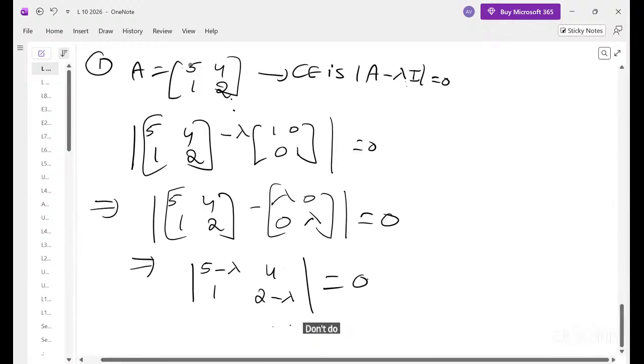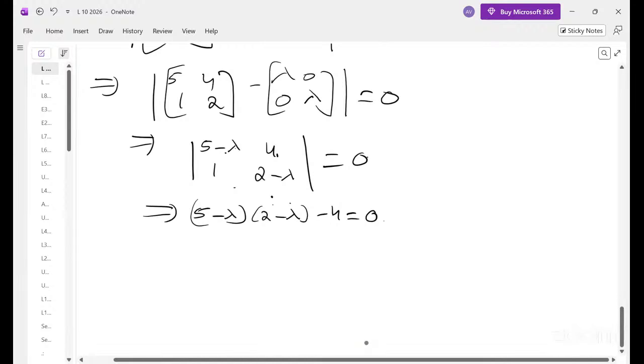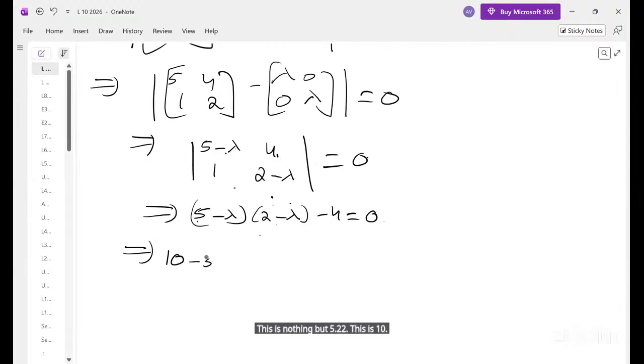Don't do all this. 5 minus lambda, 2 minus lambda, remaining 2 as they are. This is in the form AD minus BC. So (5 minus lambda)(2 minus lambda) minus 4 is 0. This is nothing but 5 into 2, which is 10, minus 5 lambda minus 2 lambda plus lambda square, minus 4, equal to 0.